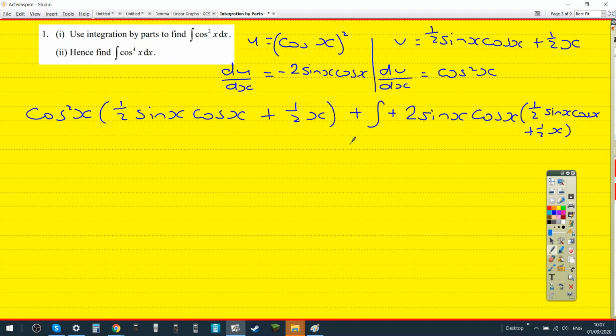So then multiply it out, I guess. It would just be sine squared x cos squared x plus x sine x cos x.